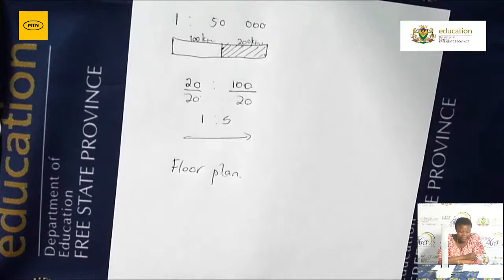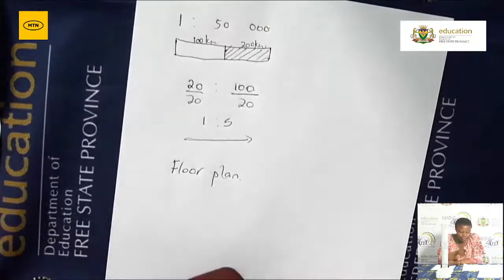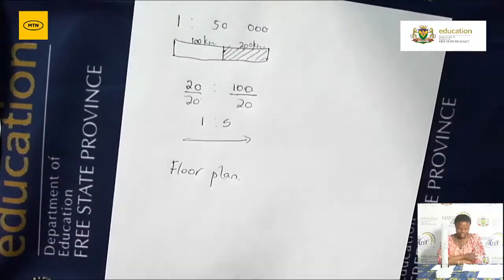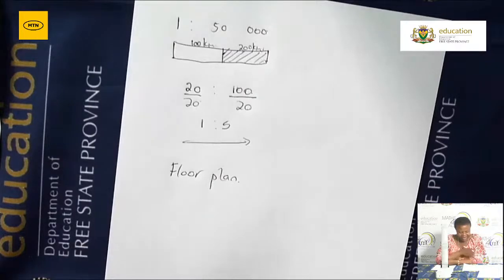So on a soccer field, you are expected to have the center, and you also have the goal point. And then you are given the dimensions there where you must be able to use that sports field so that you can calculate either the perimeter, the area, or according to the instructions.